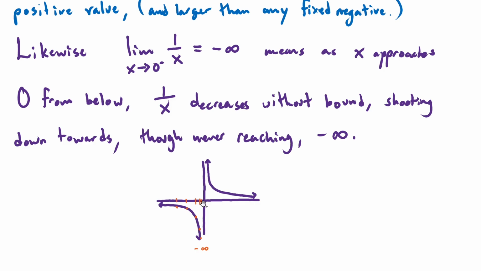So as x gets closer and closer to 0, this decreases without bound. And that means that we would say the limit as x approaches 0 negatively of 1 over x is equal to negative infinity. And likewise, if we approached from this side, we'd shoot off towards positive infinity. What would that mean about the total limit?